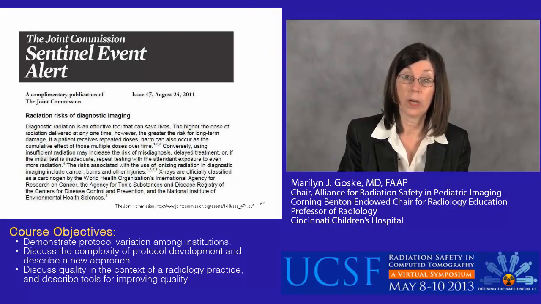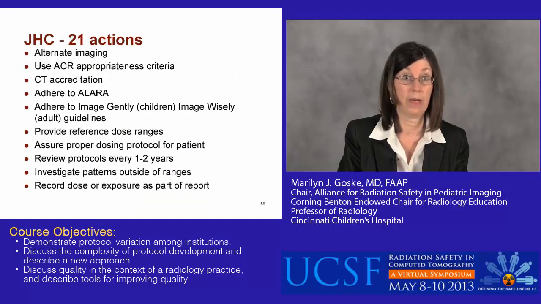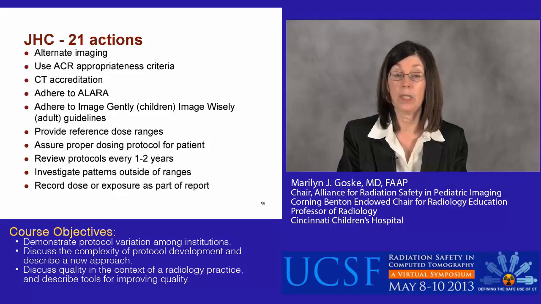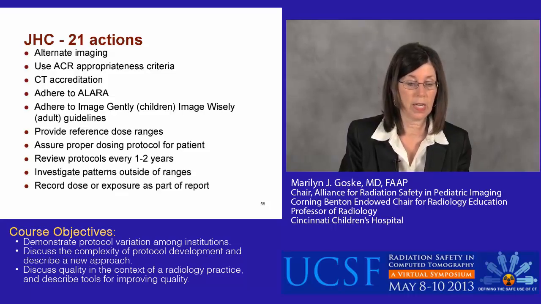The Joint Commission has also provided some statements that are shown on this next slide, and I've not included all of them, but 21 different actions that you can take in your practice to improve quality relative to radiation dose. And they talk about reviewing your protocols every 1 to 2 years. And I think that most of us would agree that's probably about the minimum.